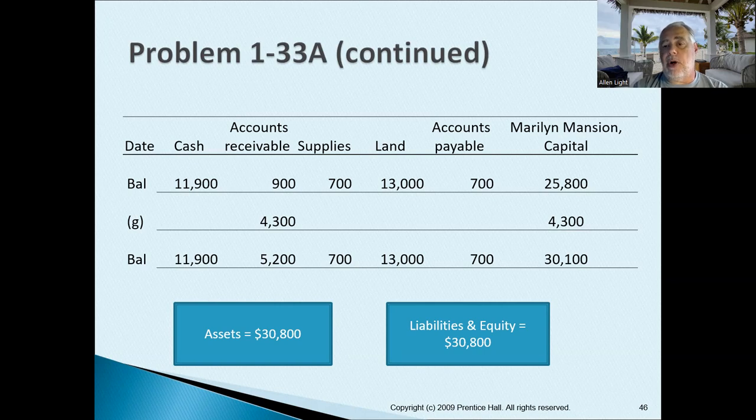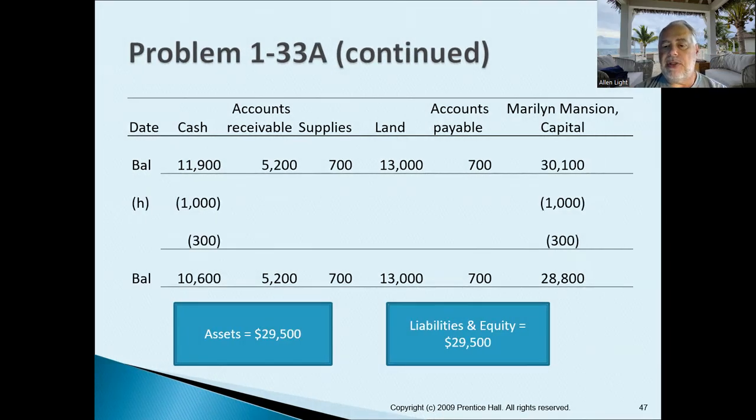Every creditor that you owe money to will have a separate account payable in their name, so that you can keep track and monitor how much money you pay, how much money you add to that, and so forth. So for our purposes in illustrating here, it's just kind of lump sums, okay? As we go on further in our studies, we'll be more and more detailed.